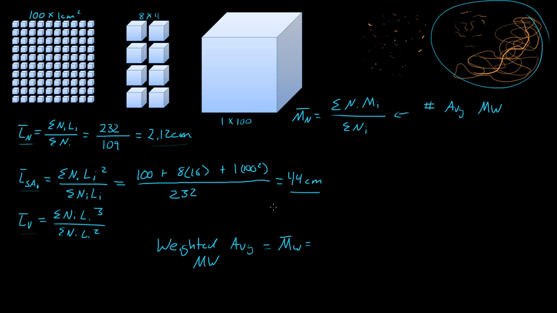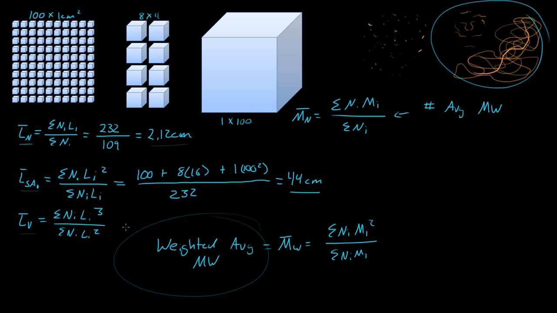How we calculate that is identical to that. Instead of having L, we put Mi. So we have the summation of Ni Mi squared, divided by the summation of Ni Mi. So this is the weighted average molecular weight. That's important because when you're wanting to find maybe the viscosity, you would use this average.